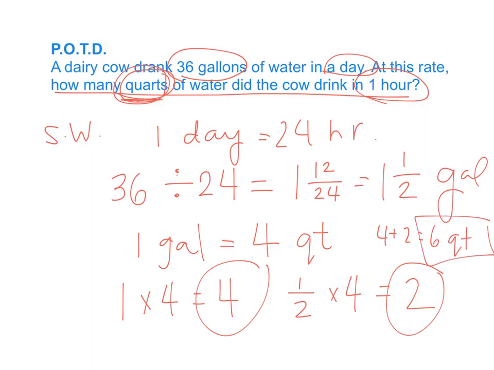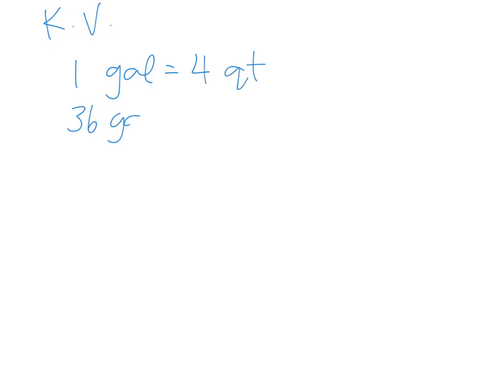Awesome, thank you. Okay, did anyone solve it a different way? Karan. I solved it so I knew that 1 gallon had 4 quarts. Okay. So since he drank 36 gallons, I did 36 times 4, which is 144. Okay. And then 144 quarts.